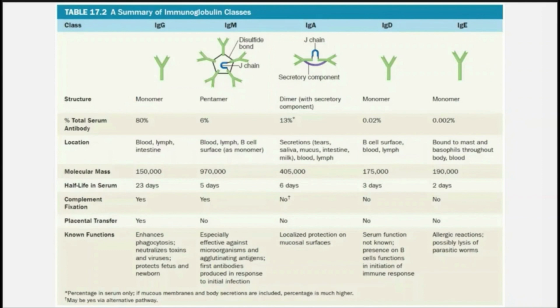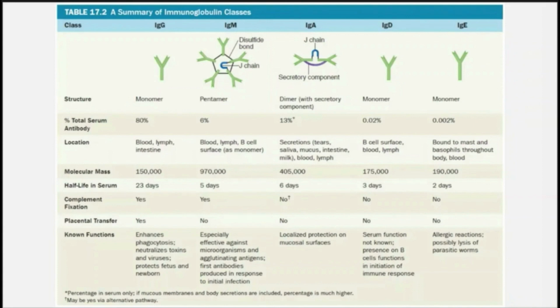So remember, there were complement proteins that enhance the function of the immune system, whether or not it can be transferred through the placenta, and its known functions. So different things that it can attack and what it specializes in.